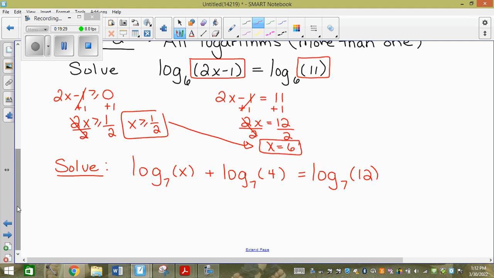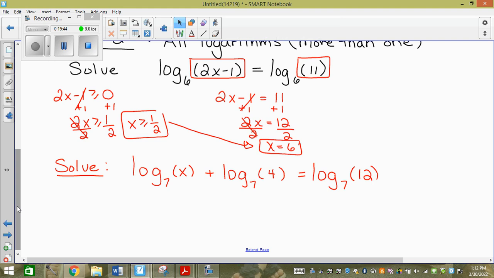Remember, when you have the same base, you can put them together, correct? We just did this rule. If they have the same base, you can put them together.